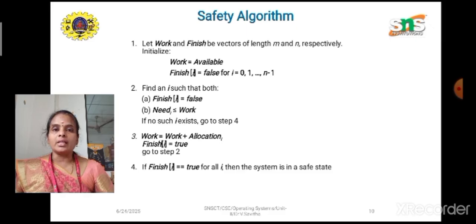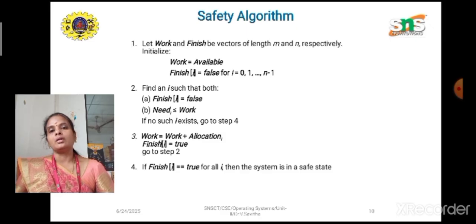When the need is less and the available resources can be allocated to that process, then after allocation the Work is updated with the formula Work equals Work plus Allocation. After the process has received its requested resources and completed its work, Finish[i] can be turned to true.